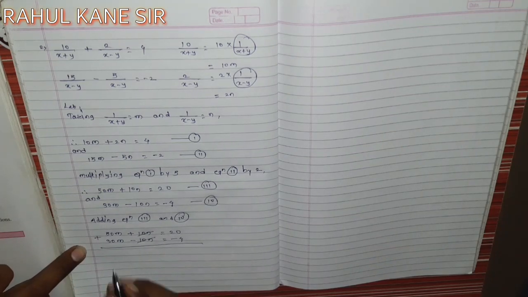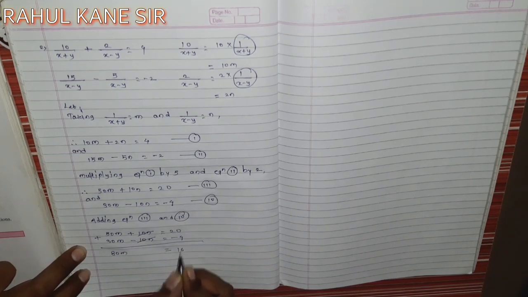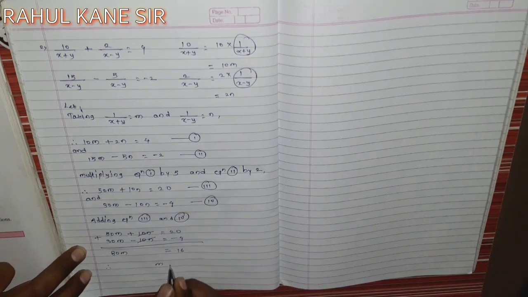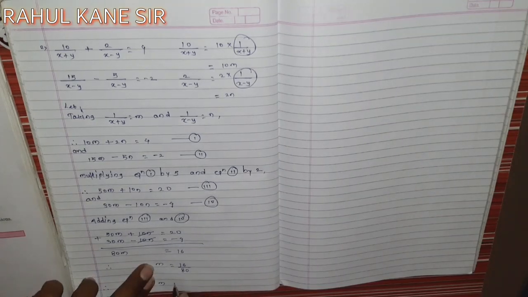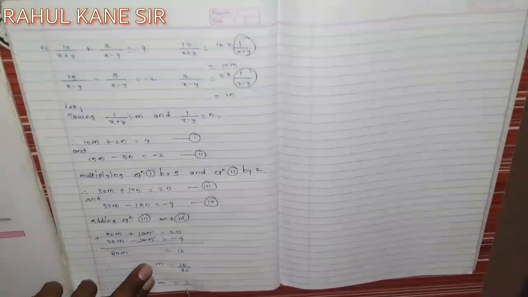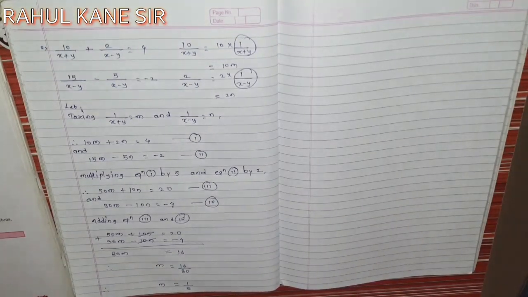Plus 10 and minus 10 cancel, 50 plus 30 is 80, 20 minus 4 is 16. Therefore we get m equals 16 upon 80. 16 ones are 16, 16 5s are 80. So m equals 1 upon 5.